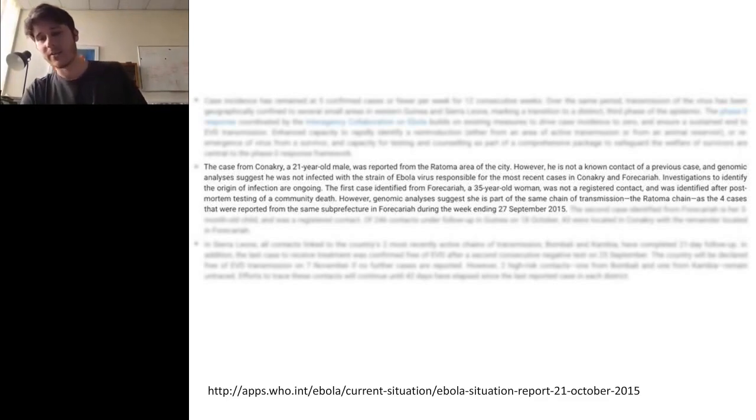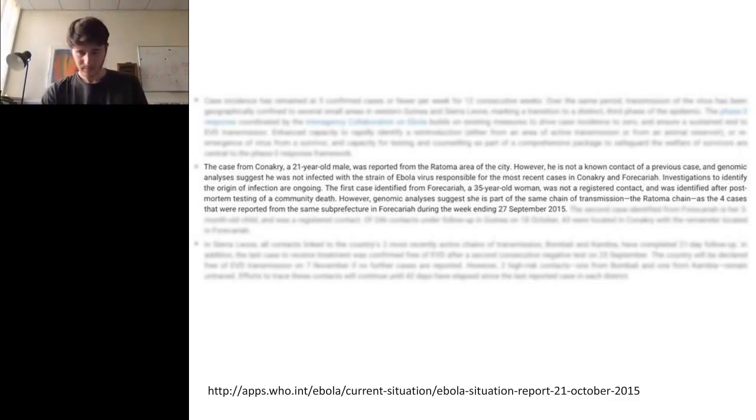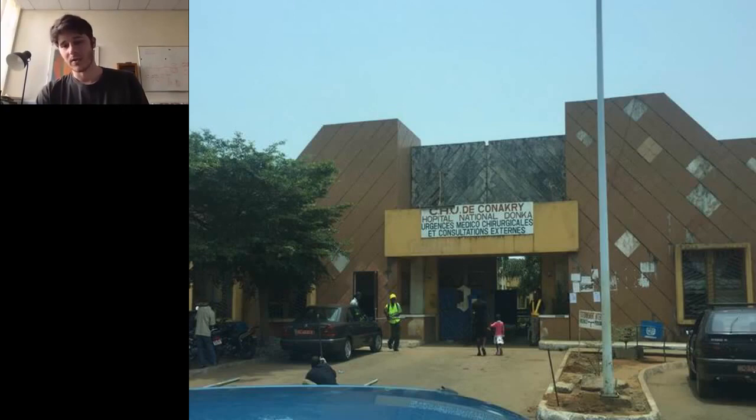And this is the first time that genomic analysis had ever been included in a situation report, and this was data that we had provided to the response control in the previous week, and so that was very gratifying that we were able to do that.